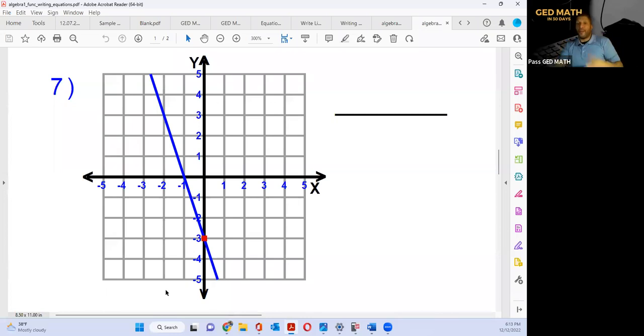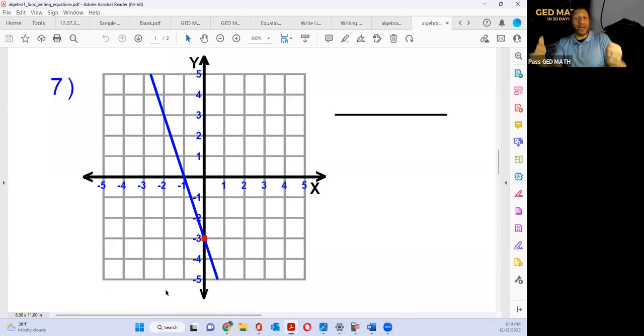So let's try this one. Okay, so what I want to do right now is allow everyone to do this problem themselves. I want you to identify whether it's positive or negative. I want you to identify the y-intercept. I want you to tell me what the slope is.